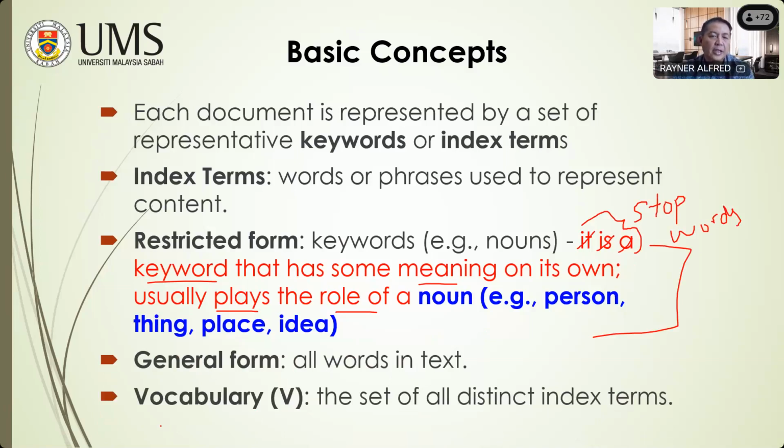So this is like your dictionary, the set of all distinct index terms. So once we have collected all the unique terms, then later on we will use these terms to form what we call the term document matrix. Okay, this will be used to compute the ranking.